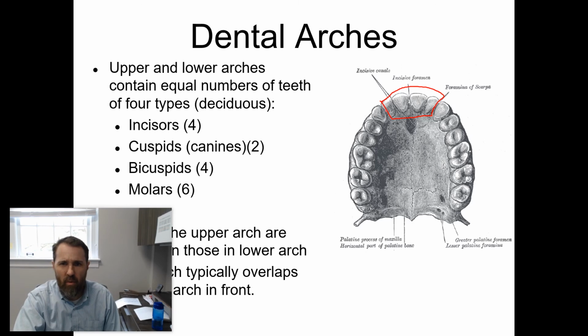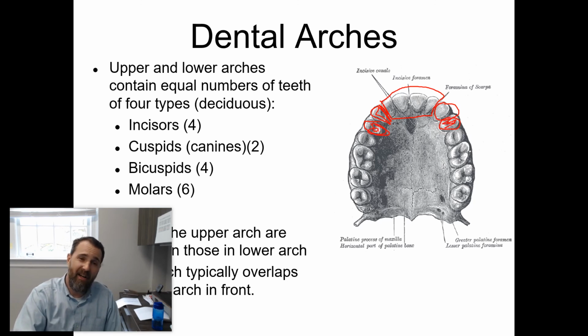Your canines or your cuspids and your bicuspids, which are like between a molar and a canine, sort of a hybrid tooth right there. These aren't for cutting. These teeth are more for gripping and tearing. So for instance, if I gave you an apple and I said, here, take a bite of the apple, you're probably not going to come at the apple like this, right?